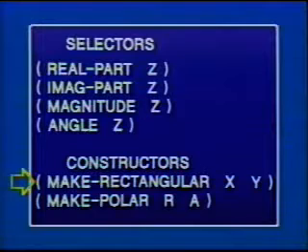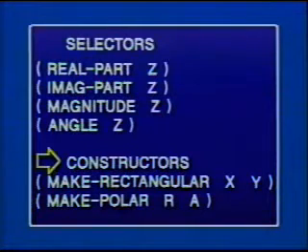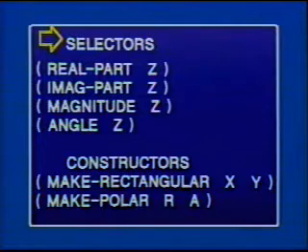What make rectangular is going to do is take a real part and an imaginary part and construct a complex number with those parts. Similarly, we can have make polar, which will take a magnitude and an angle and construct a complex number which has that magnitude and angle. So here's a system. We'll have two constructors and four selectors.